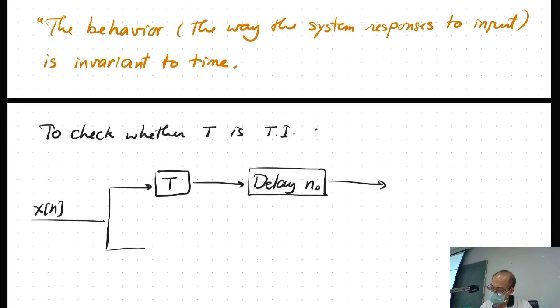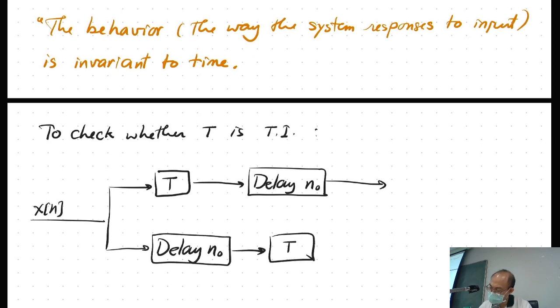On the other hand, in the lower path, we delay the input by n0 samples first, and then we put the delayed version into the system T. Now, the signal that comes out at the top would be T of x[n], and then you replace n with n minus n0.